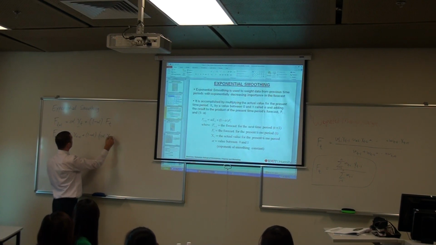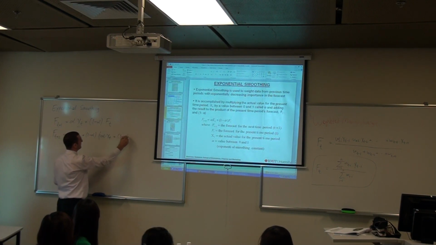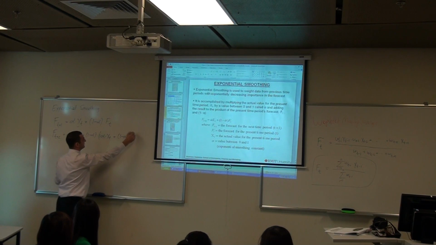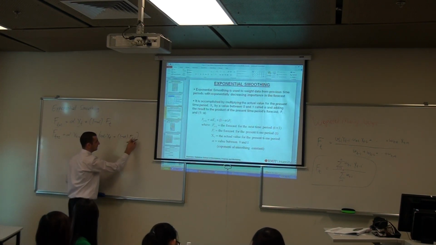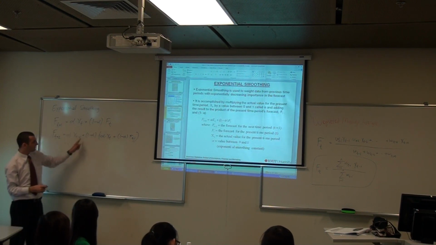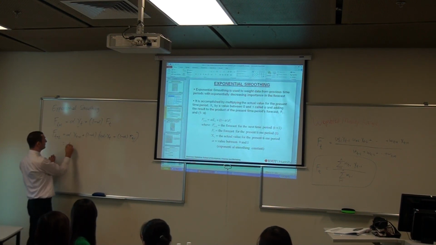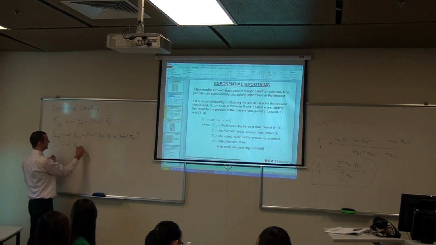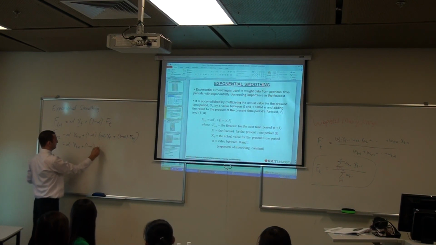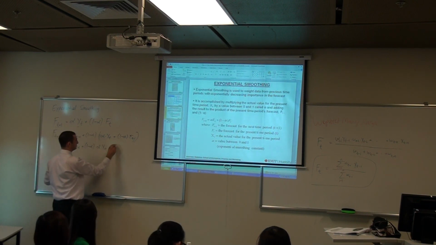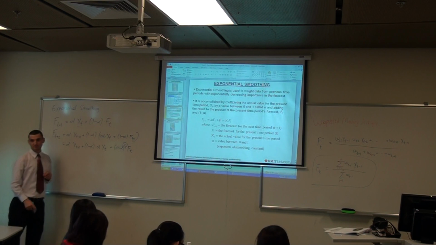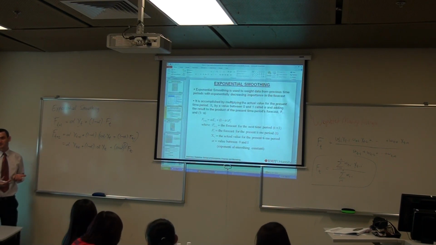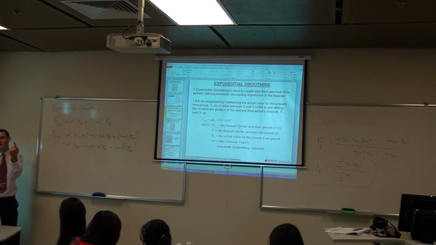Alpha times xt plus 1 minus alpha times ft. And if you multiply, what will you get? You see? You got the exponent. And it's only one level down.